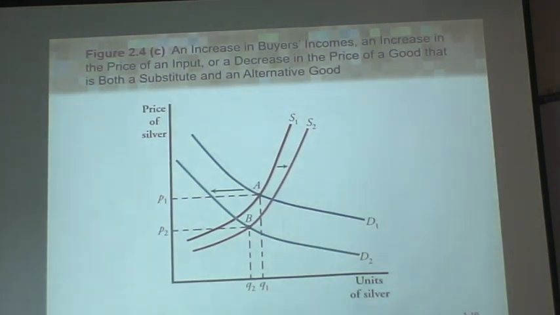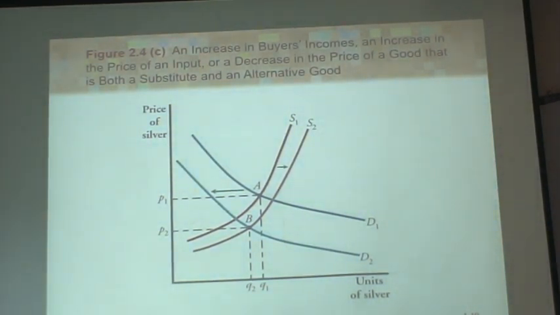You have supply and demand, and when supply increases, supply shifts to the right, then price goes down and quantity goes up.